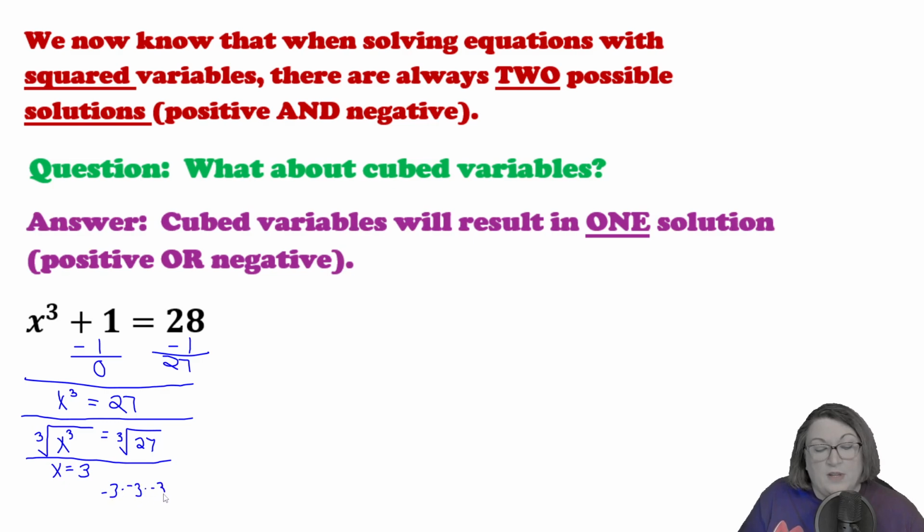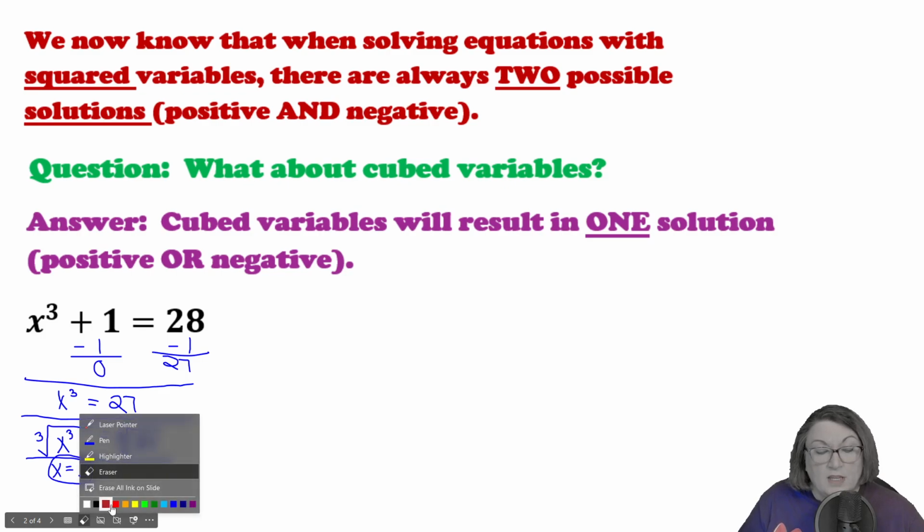If we do the negatives, we end up with a negative 27, not a positive 27. So the negative answer does not work. Only the positive answer works on this cubed variable. That's what they mean when they say cubed variables result in 1 solution, either positive or negative. In this case, it's a positive, but you can have one that results in a negative. Let's erase this so people don't get confused.